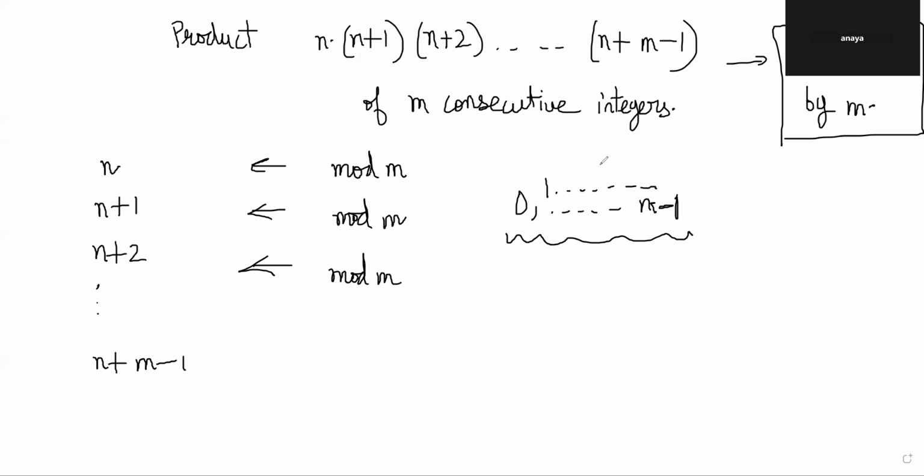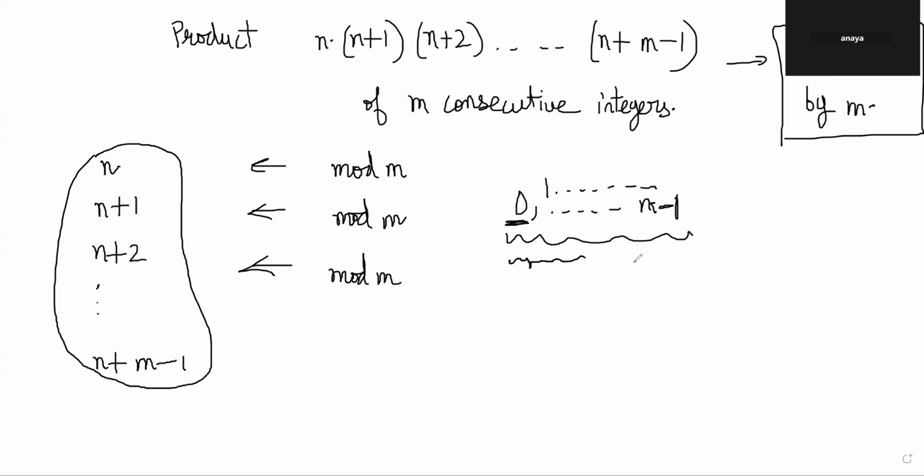One of them has to have remainder 0, because there are m of them and m possible remainders. So if one of them has remainder 0, then that one is divisible by m, and then the whole product will be divisible by m. So that is a general thing that will be useful in problems.